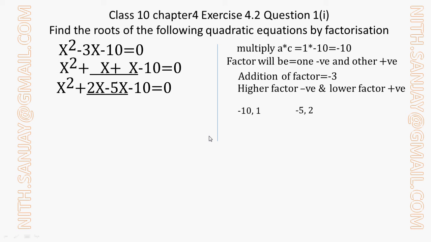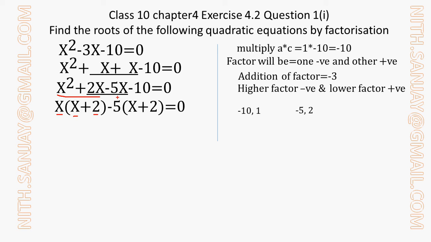Now what I will do is, out of these two terms I will take x as common. So if I take x common, I will get x plus 2, because if I remove x from x square, I will be left with x, and if I remove x from 2x, I will be left with plus 2.